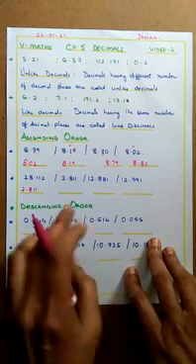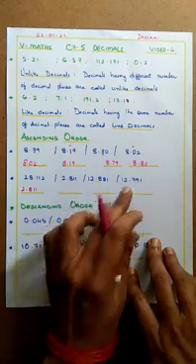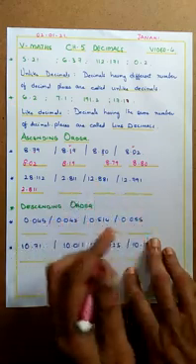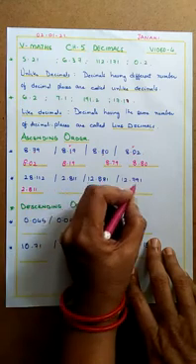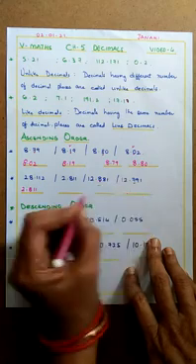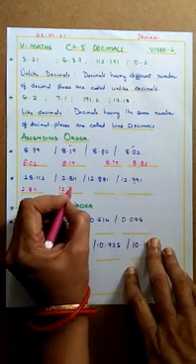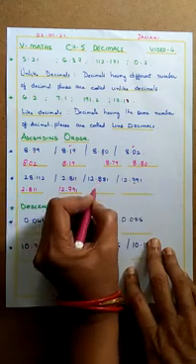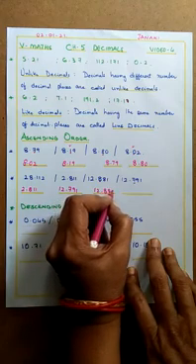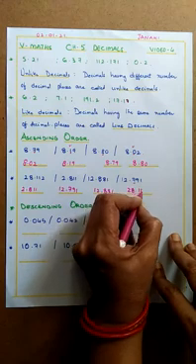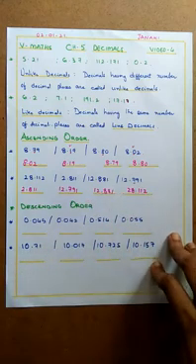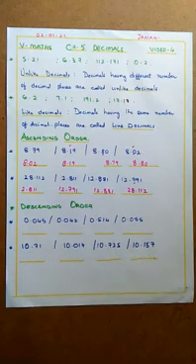Next, 12 and 12 are the same, so the whole number part is the same. Next, go to the decimal part: 8 and 7. So 7 is smaller. So 12.791 and then 12.881 and finally 28.112. In this order we write the ascending order.